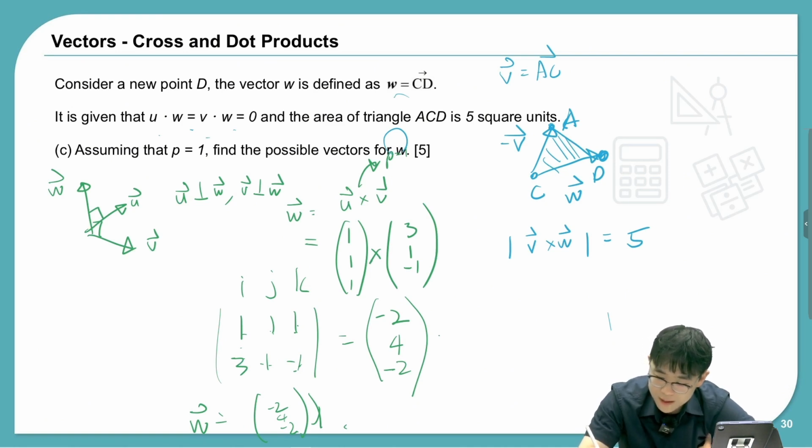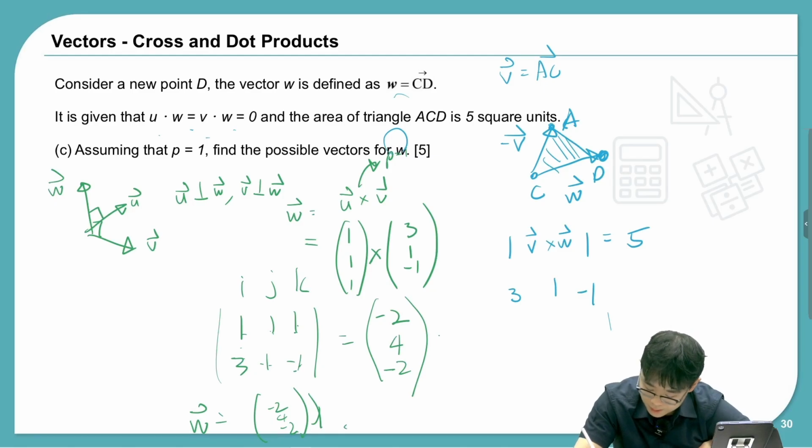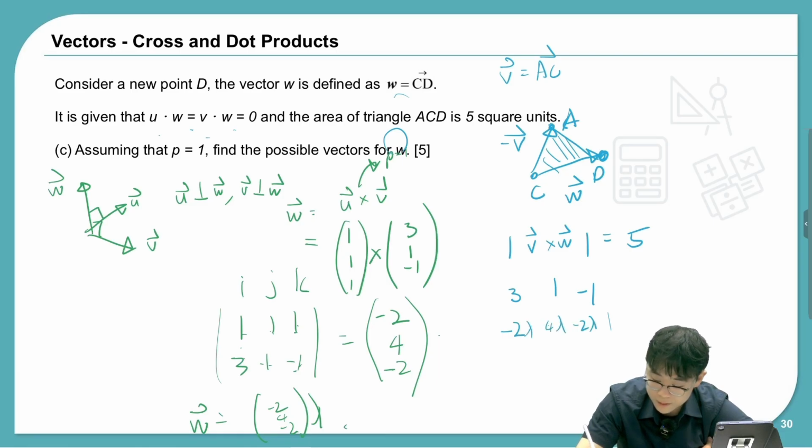So if you have v and w cross product, we get 1, 1, or 3, 1, -1, and then w, which for now is -2 lambda, 4 lambda, -2 lambda. So that's equal to 5.